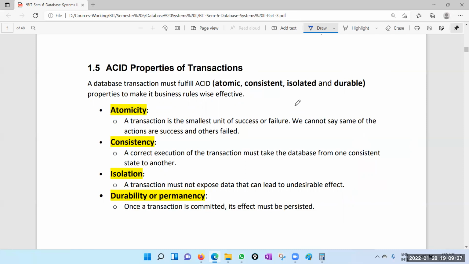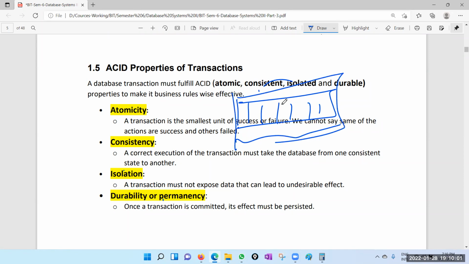So ACID properties. Every transaction must comply with ACID properties. ACID is an acronym: atomicity, consistency, isolation, durability. Atomic means, as we already mentioned, your transaction must either succeed as a whole or fail as a whole. This is the unit. This is the atom.